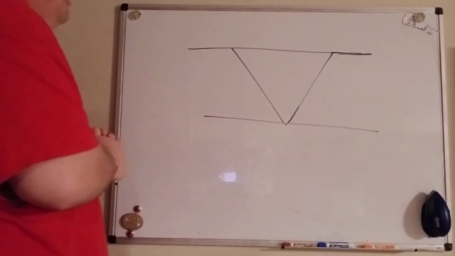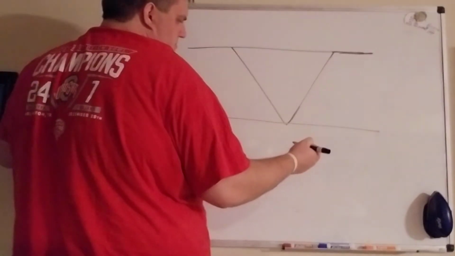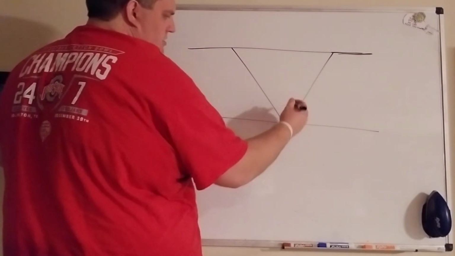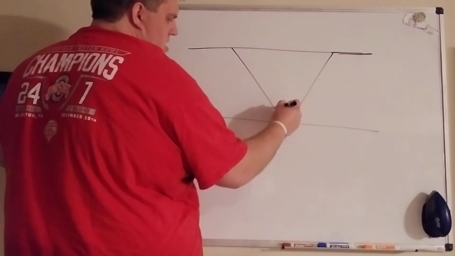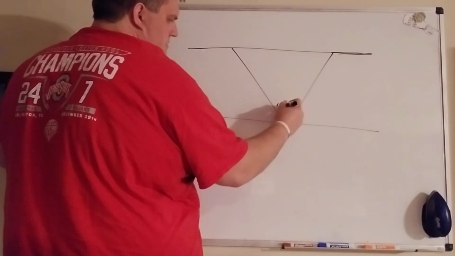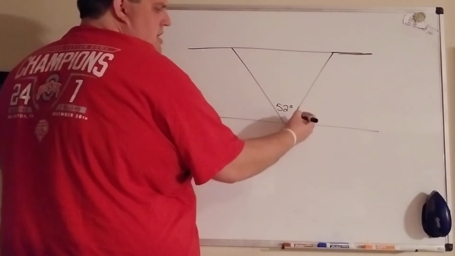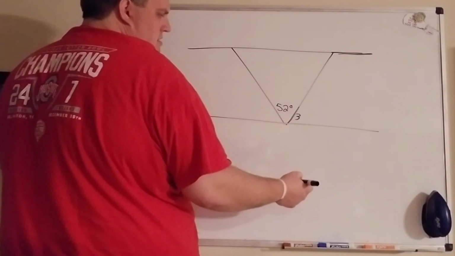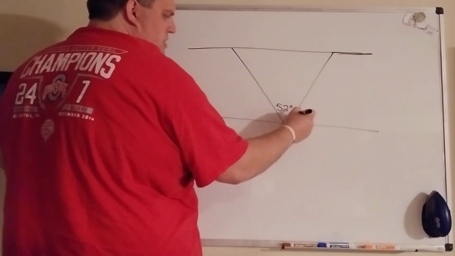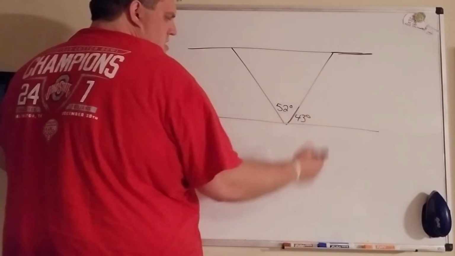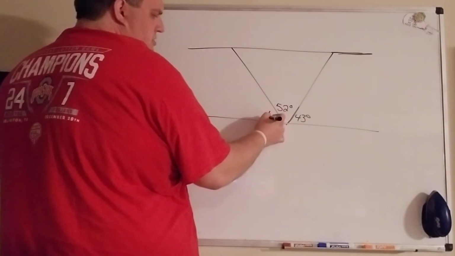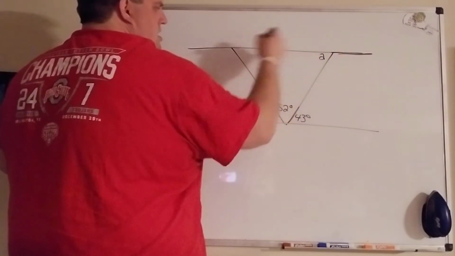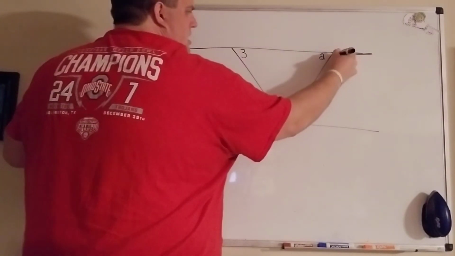And let's talk about some angles. Let's say that this angle in here is 52 degrees. This angle's 30, probably 43. And then I'm going to label angle 1, angle 2, angle 3, and angle 4.